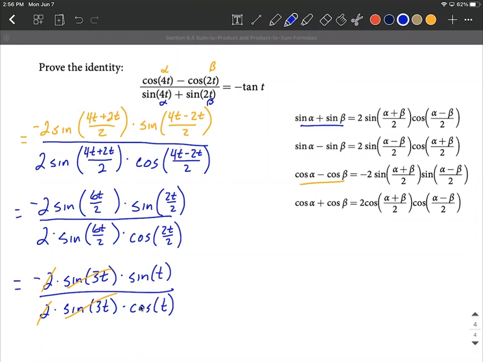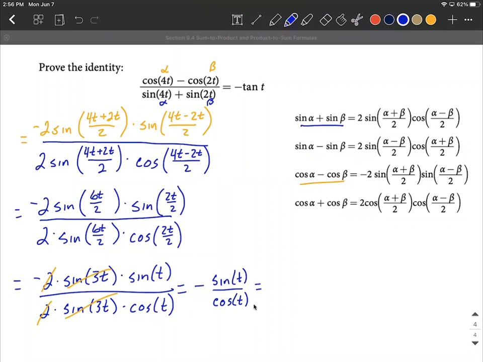So what are we left with after those all make 1s and we get rid of common factors? Well, we still have a negative that came from the out in front. Now we have sine of t over cosine of t. That didn't go away. And hopefully we've got down our quotient identities.